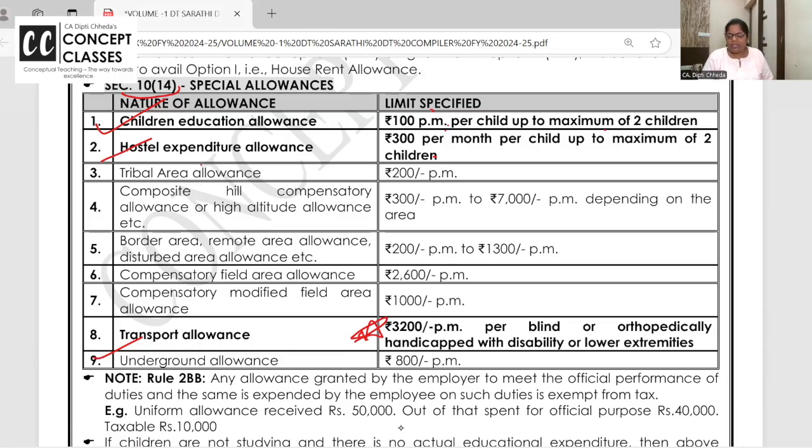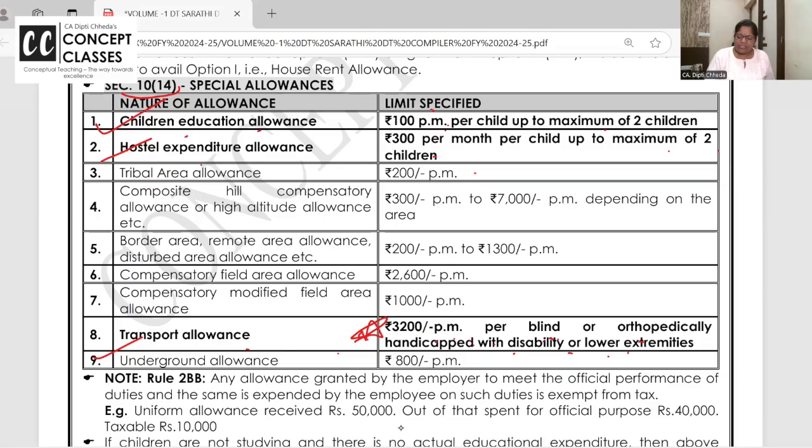Hostel expenditure is 300 per month per child, maximum up to two children. Transport allowance is 3,200 per month for a blind or handicapped person with disability. So if the company is giving it, it's exempt up to 3,200. But if a person is blind, handicapped or disabled, he has to get a certificate from a government hospital.